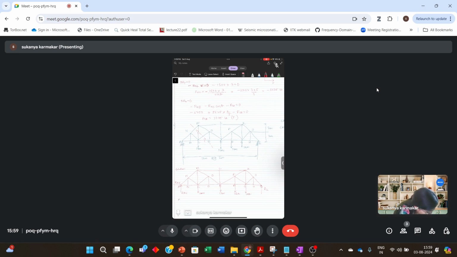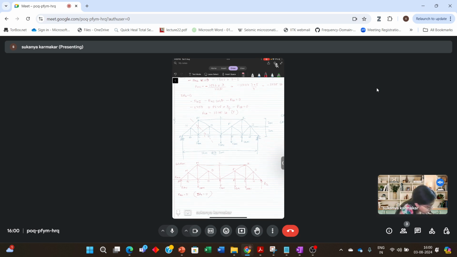This RAH is 0 because summation of Fx is equal to 0.